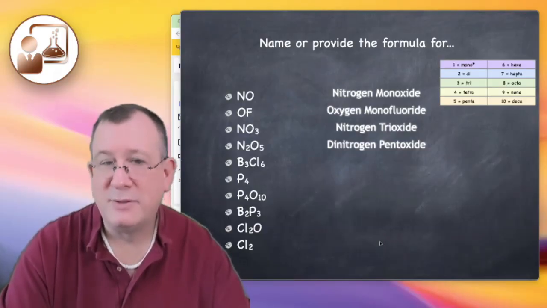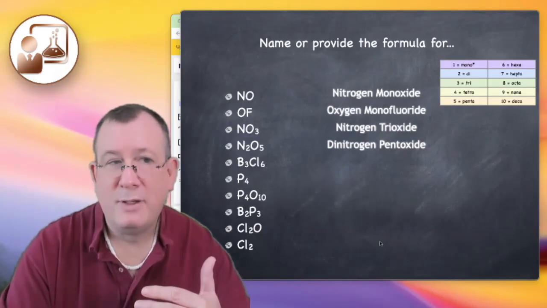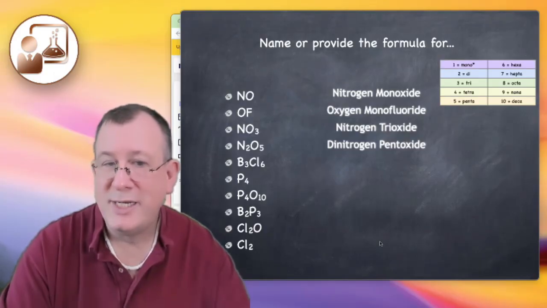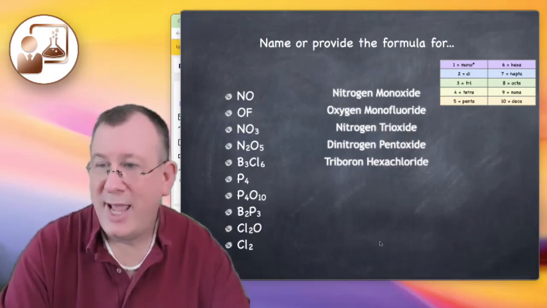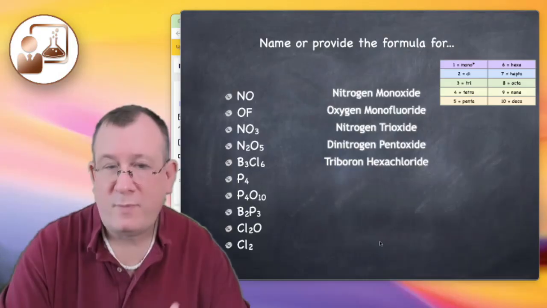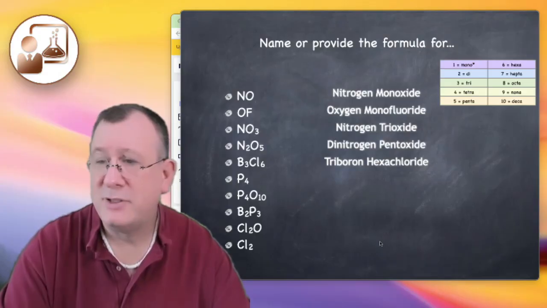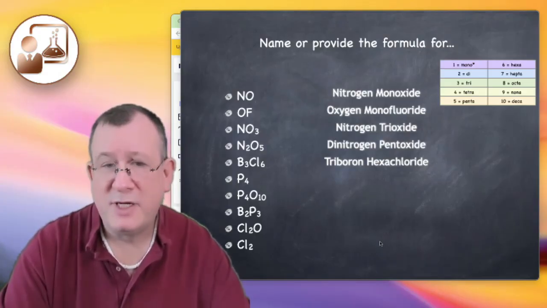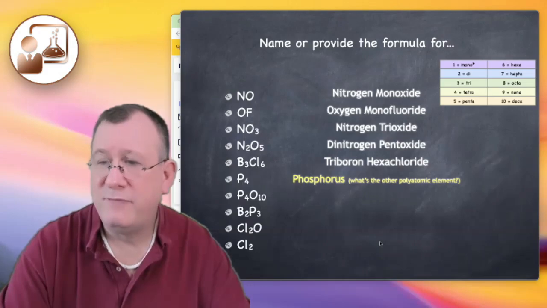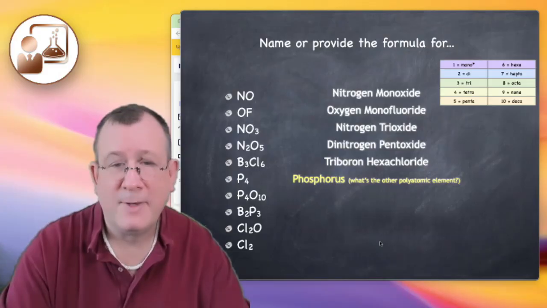BCl3, what's that called? N3Cl6, trinitrogen hexachloride. P4, what's that called? Be careful. You're probably tempted to say tetraphosphorus. It's just phosphorus. Just go with phosphorus. We're only going to use these prefixes when we need to distinguish between other things, and the most common form of phosphorus is P4.